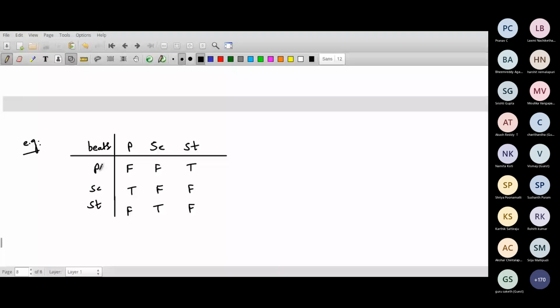So in this example, only these three are true values, right?